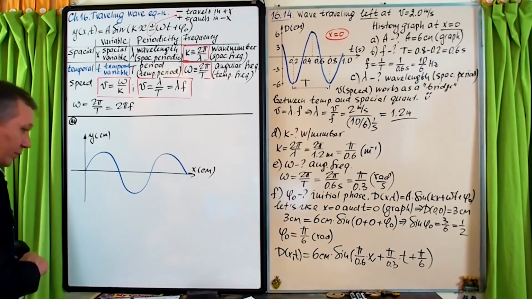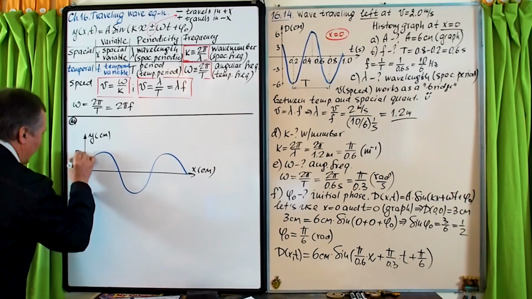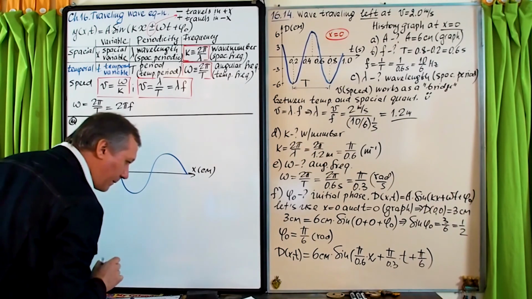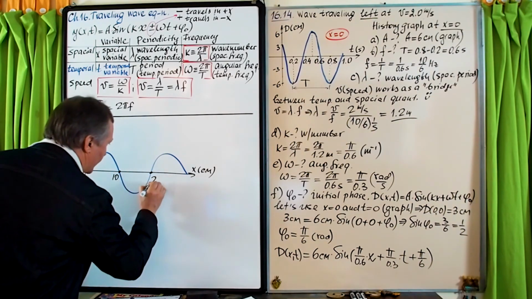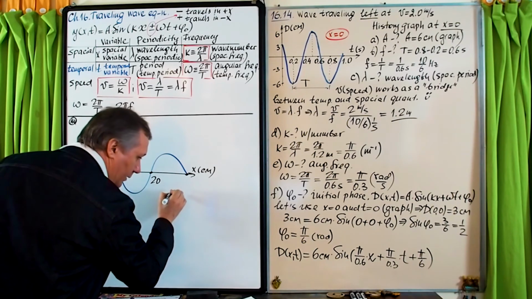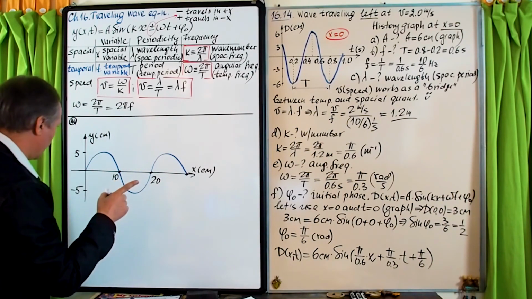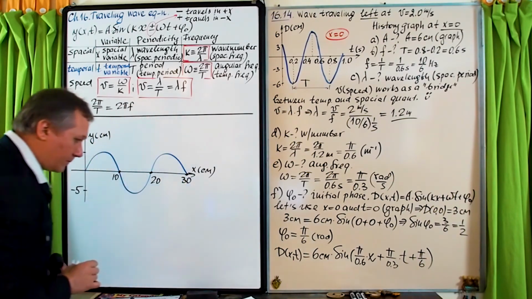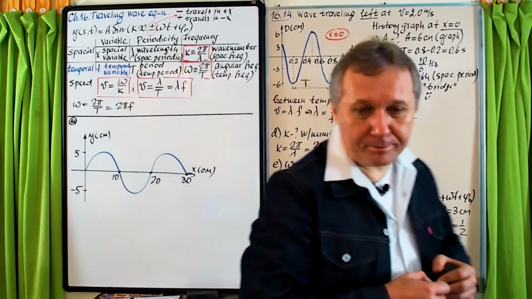So that is the plot, and now the points. So this is 5, this is -5, then this point 10, this point 20, and this point 30. So this is the graph, this is the plot.